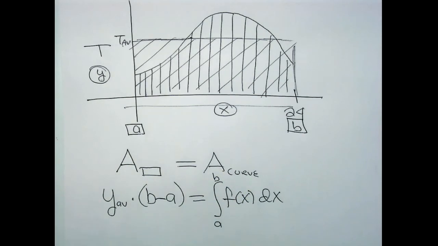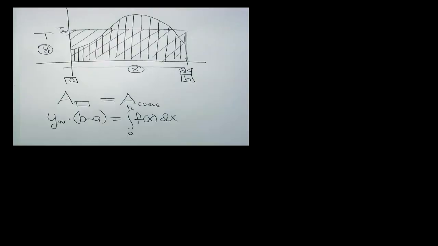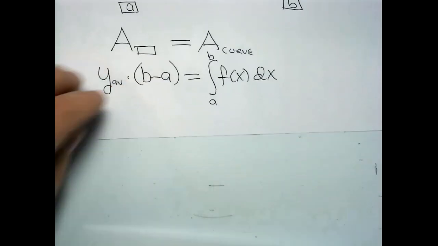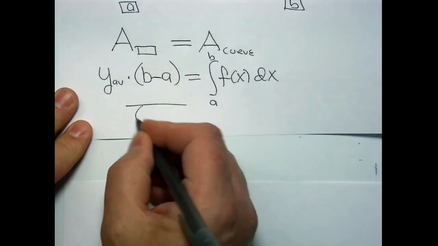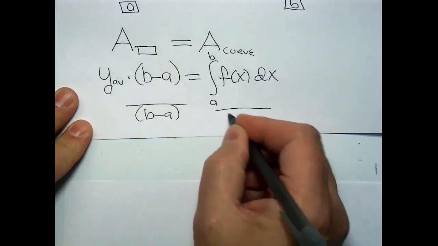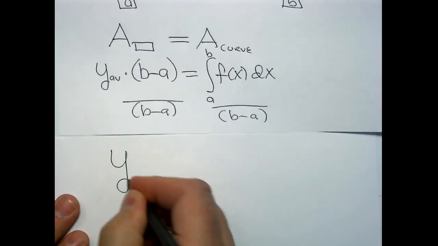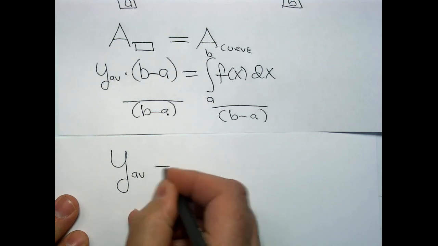It's only because you have the capacity for calculating the area under the curve that this works or makes any sense to us. Now I can actually determine the average y value. And it's as simple as this. If you want the average y value, then let's just divide by b minus a on both sides. So what's the average y value of a function between a and b?